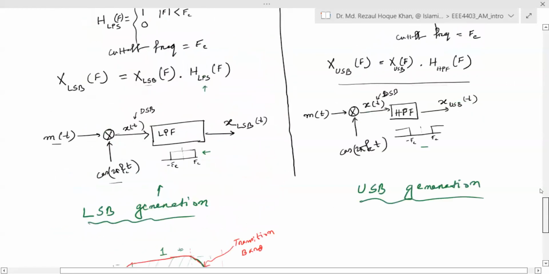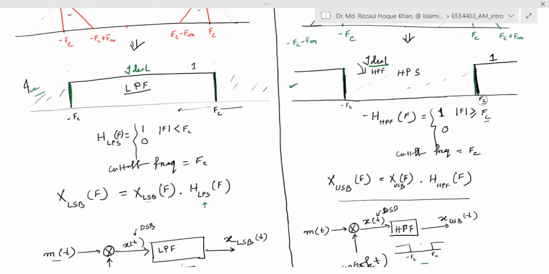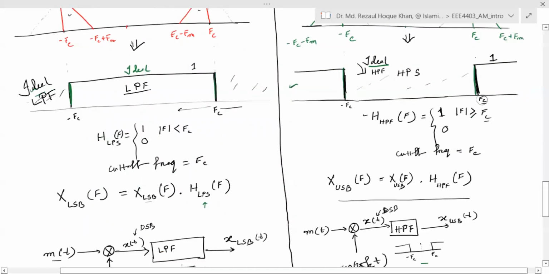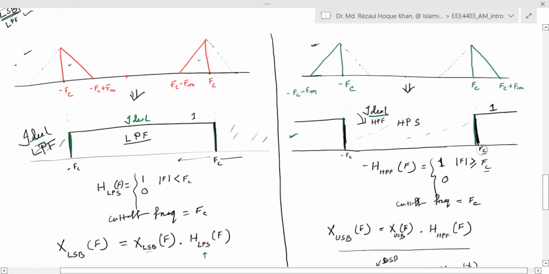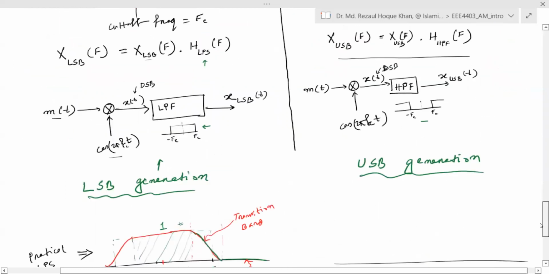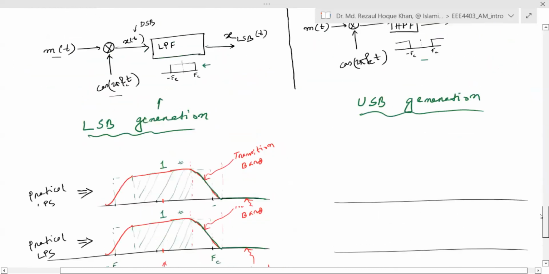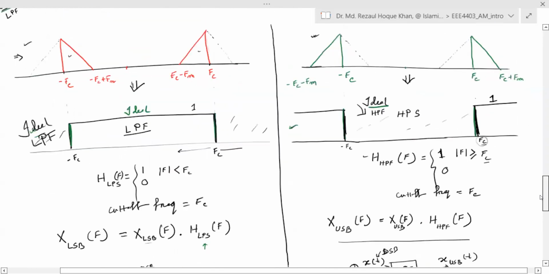What happens to this signal? What happens to this LSB?